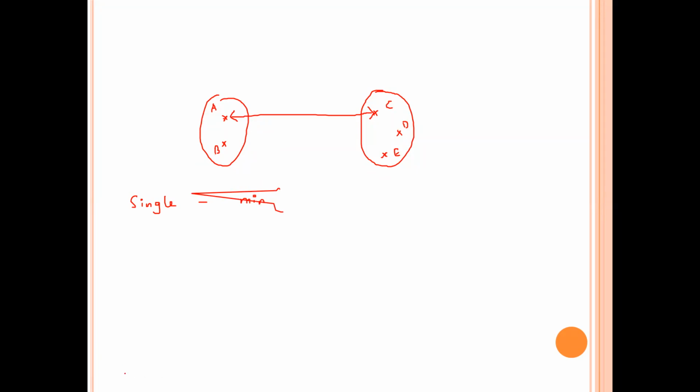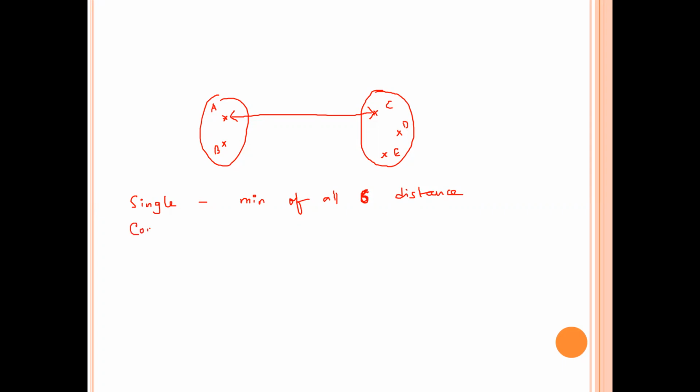Single linkage is the minimum of all the distances that are getting created. I mean AC, AD, AE, then BC, BD, BE, all six distances. Sorry, so 2 into 3. The minimum of that is the single linkage, which is basically the closest.